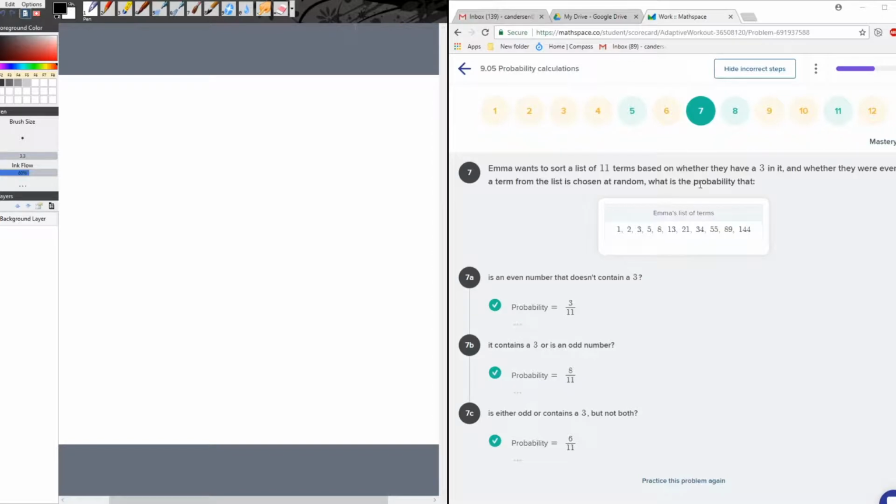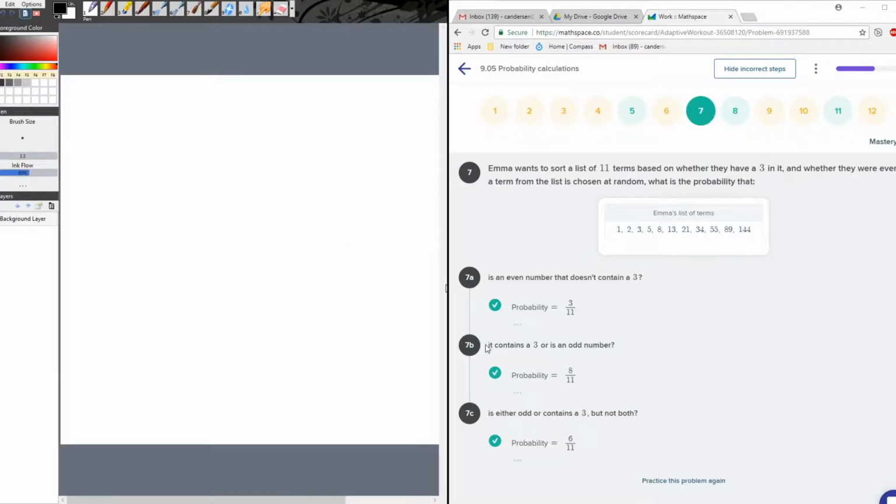So because she wants the probability, we need to write it as a fraction. So 3 different numbers have a 3 in it. So there would be 3 out of 11.